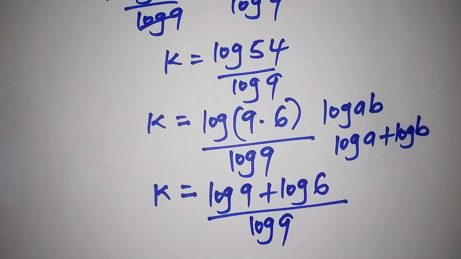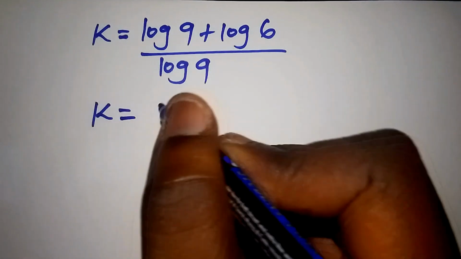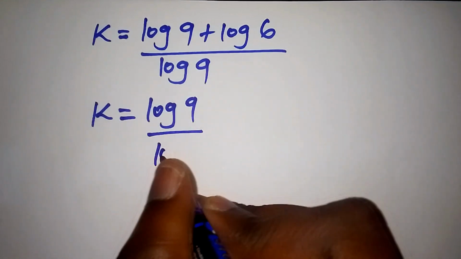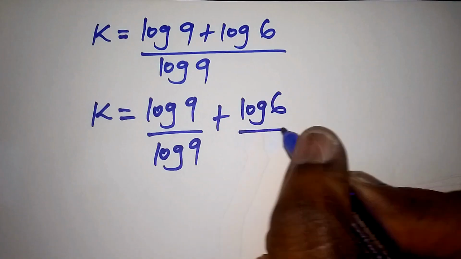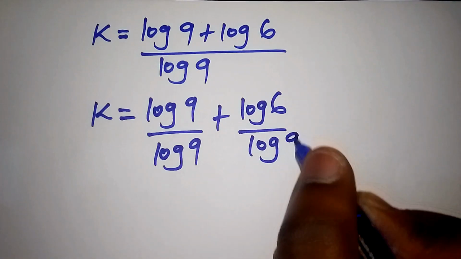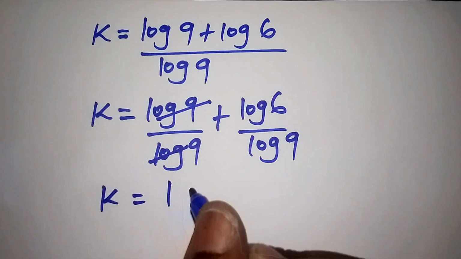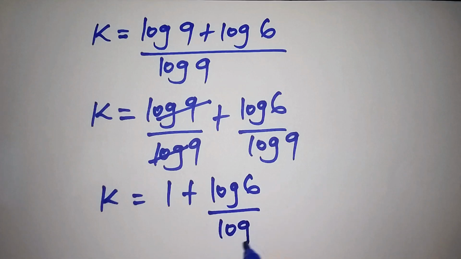Next step, we divide both sides by the log of 9, so k is equal to log 9 over log 9 plus log 6 all over the log of 9. Log 9 and log 9 cancel. So k now is 1 plus log 6 all over the log of 9.